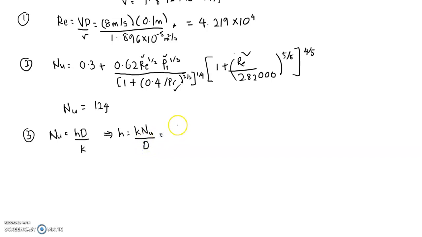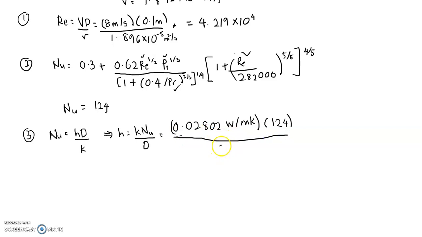Your k is 0.02808, multiplied by your Nusselt number 124, divided by 0.1 meter. So now your h is 34.8 W per meter squared Kelvin.